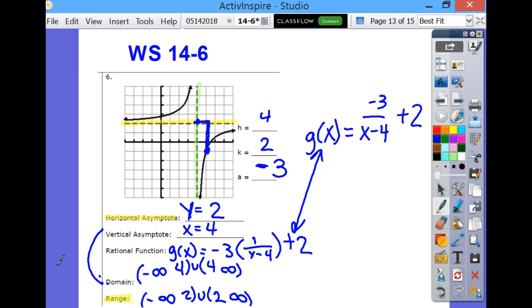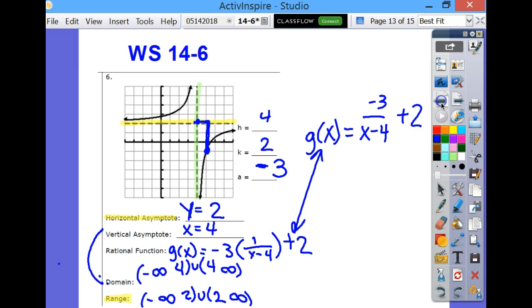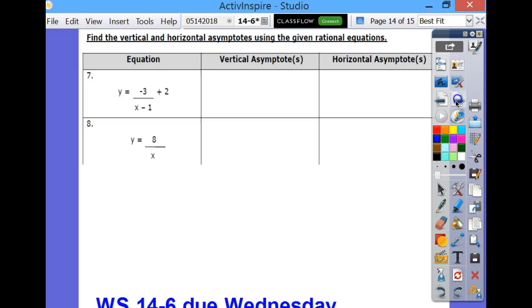Might have a question on the next one, so let's look at problem number 7 also. The vertical asymptotes come from the denominator. The denominator is x minus 1.